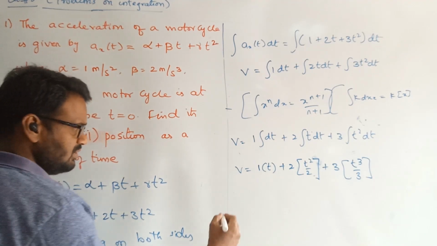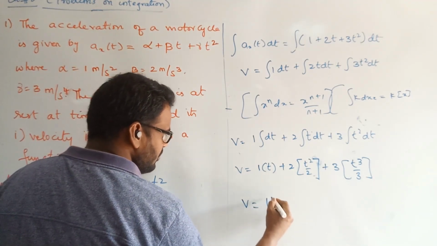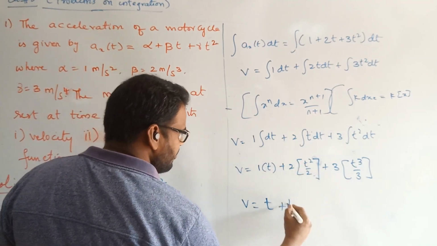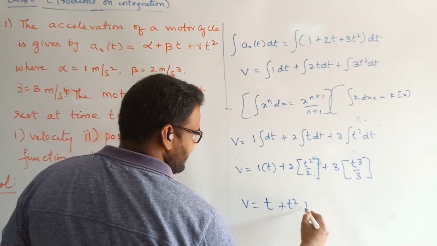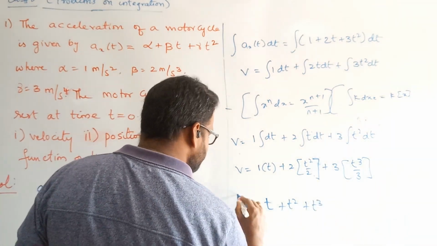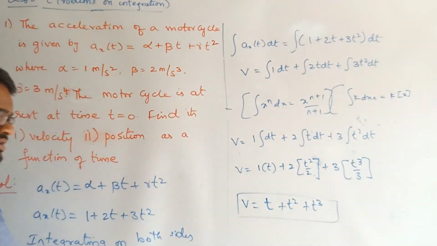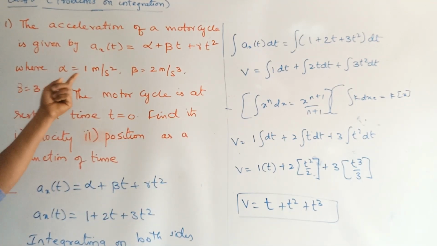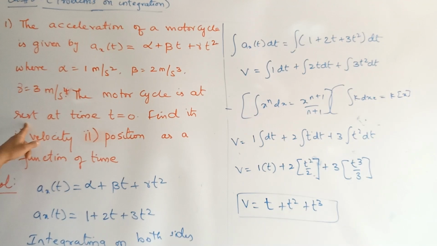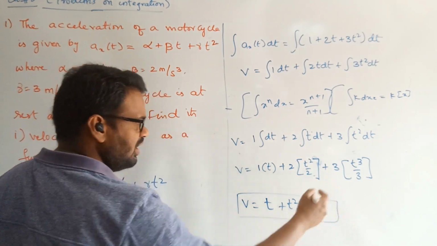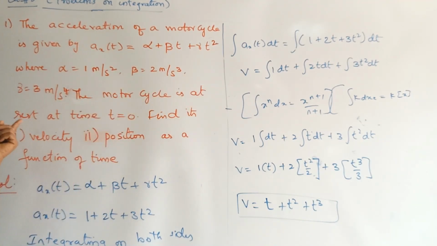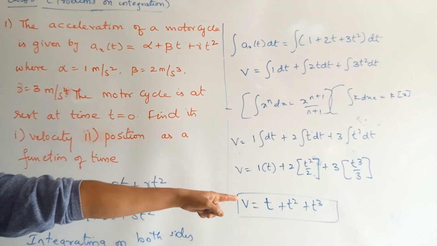Now solving this further, v is equal to 1t simply written as t, 2 and 2 get cancelled, plus t square, plus 3 and 3 cancel, plus t cube. This is the equation of velocity, and there may be some initial velocity also. If it is mentioned that the initial velocity is at rest, initial velocity is equal to 0, so you add 0. If the initial velocity is given as something, say the motorcycle has an initial velocity of 10 meters per second at t equal to 0, then plus 10 would be added.